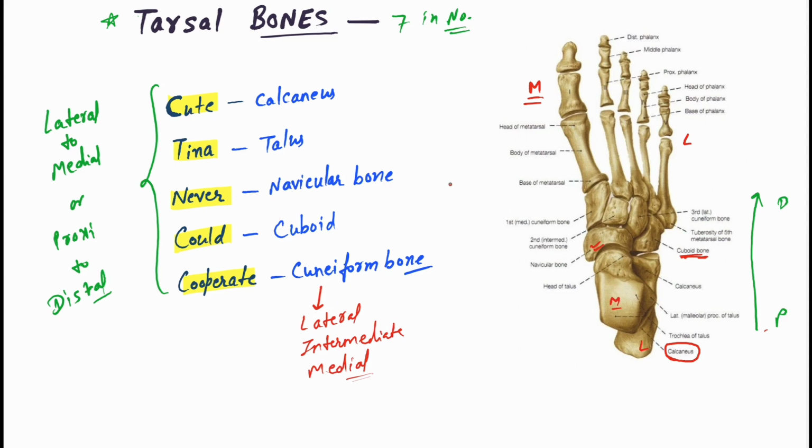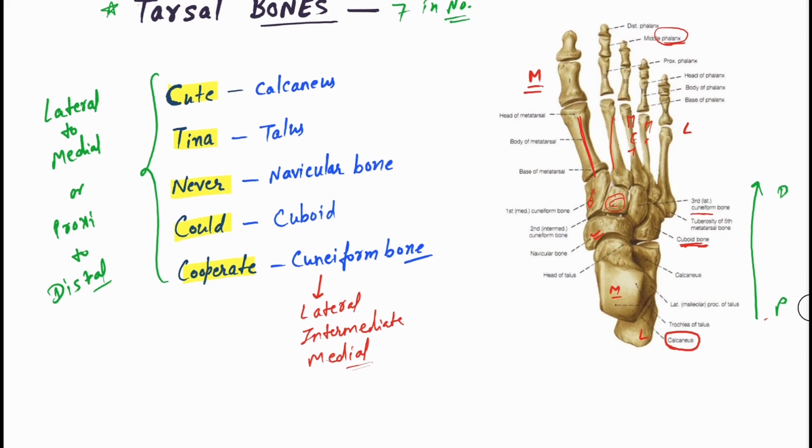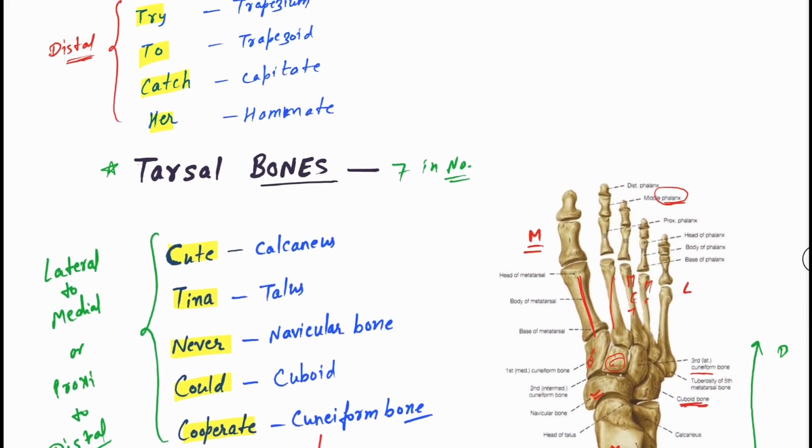Here we can see this is the lateral cuneiform bone, this is the intermediate, this is the medial, and here we can say these are the metatarsal bones. And these are the phalanges, or we can say phalanx. Phalanges for hand and phalanx for foot. Okay, so this is about the tarsal bones.